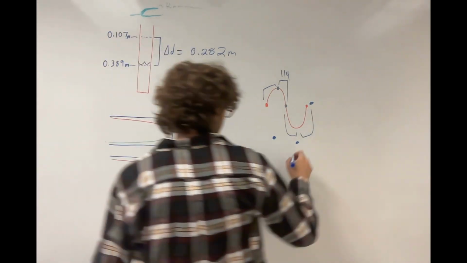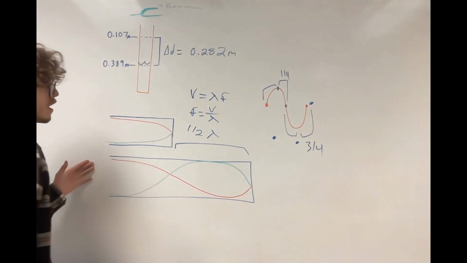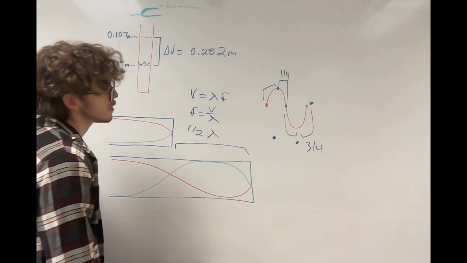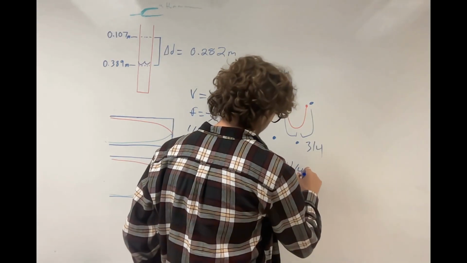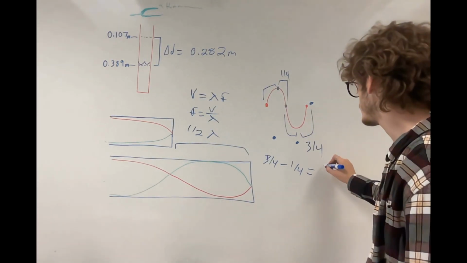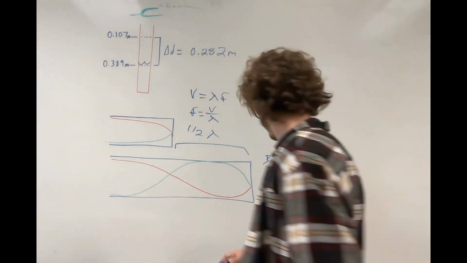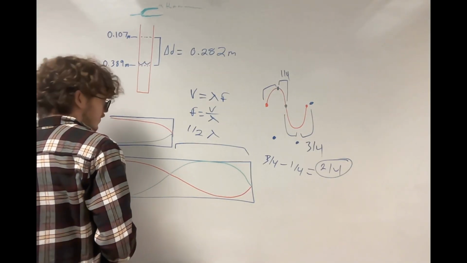So this is 3/4 the wavelength. So if we have this wavelength and we just subtract out this wavelength, this is going to be 3/4 minus 1/4, which is really just equal to 2/4. Does that make sense? And 2/4 is 1/2. So our distance is 1/2 the wavelength.